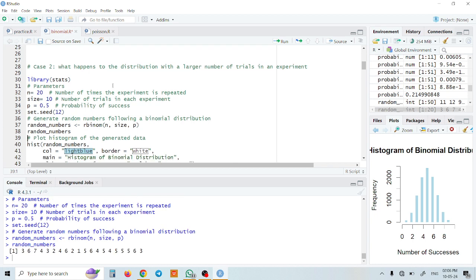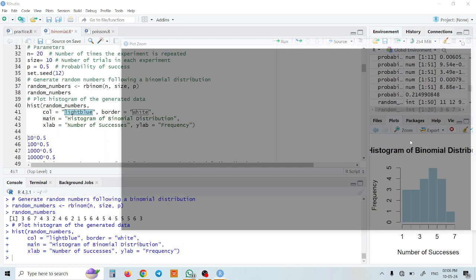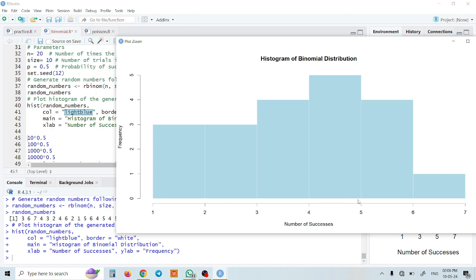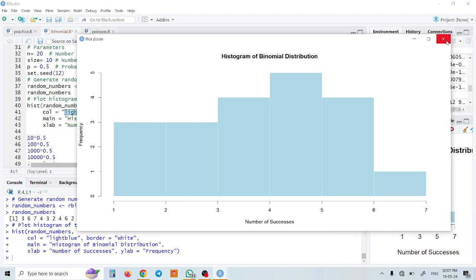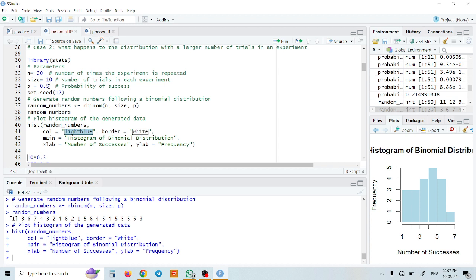Here the trial was 10, p is 0.5, and the mean was 5. So it was skewed, and the distribution was not normal, right? Now we are slowly increasing the trials in each experiment.